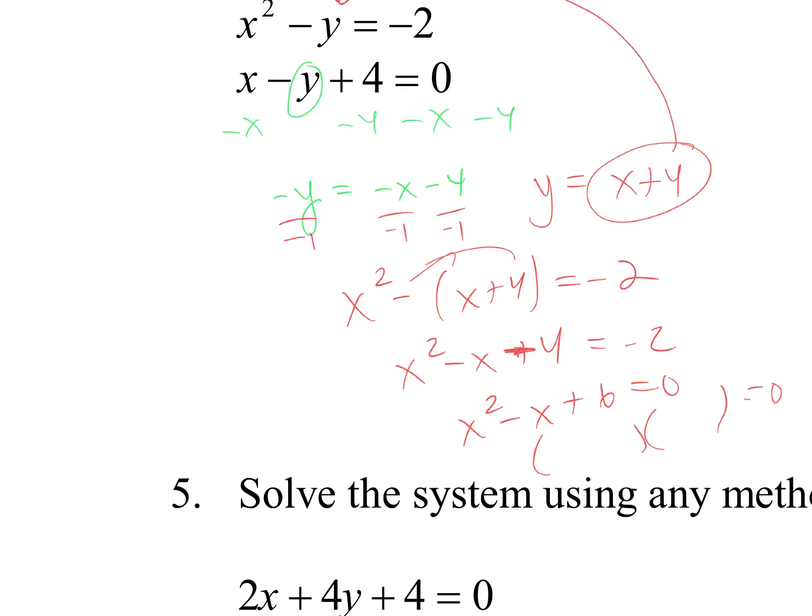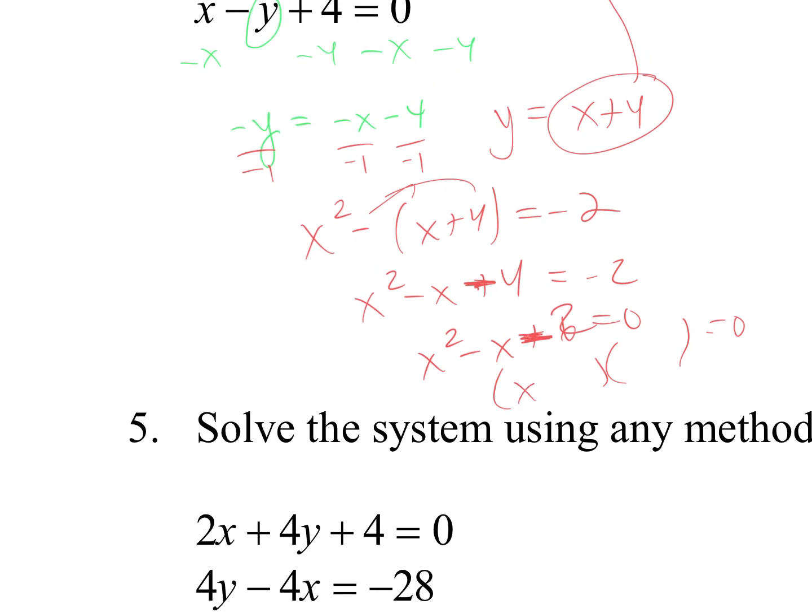So then when I add this over, this becomes minus 2. All right, factors of 2 that'll multiply to give me negative 2, add to give me negative 1. Two and 1. So x minus 2 and x plus 1.